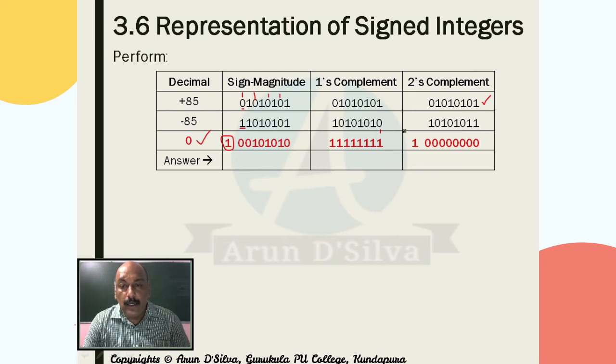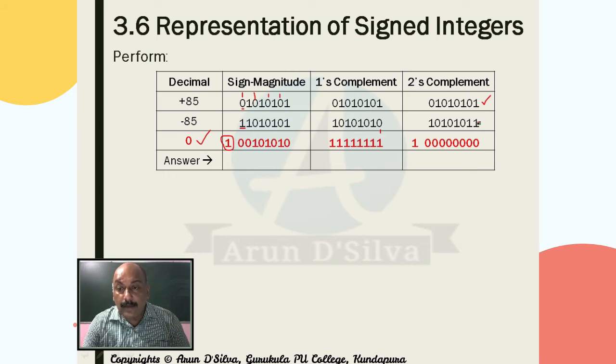We flip and then we add 1. So we get 1 0 1 0 1 0 1 1. This is what we have learned, correct, no? This is minus 85 in 2's complement, how the computer represents it.